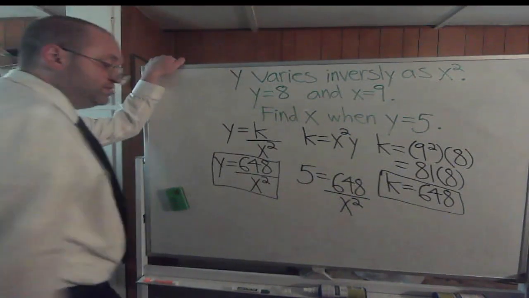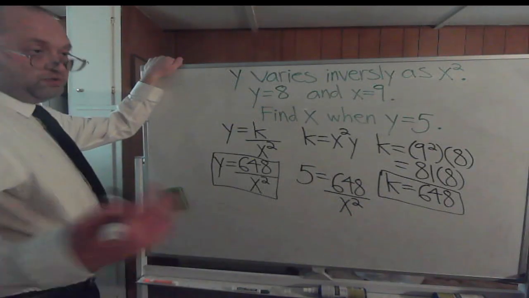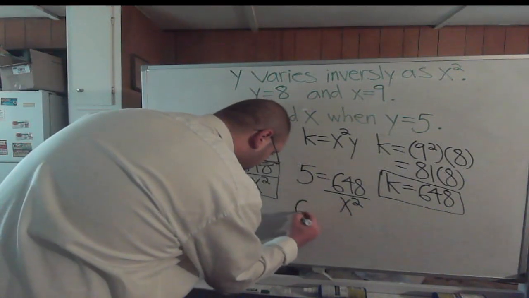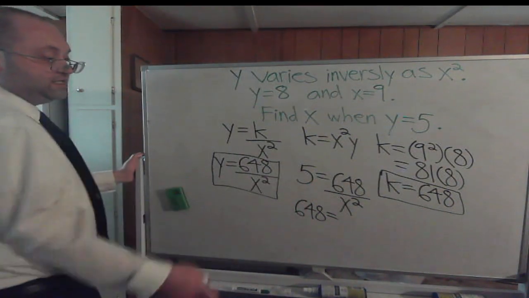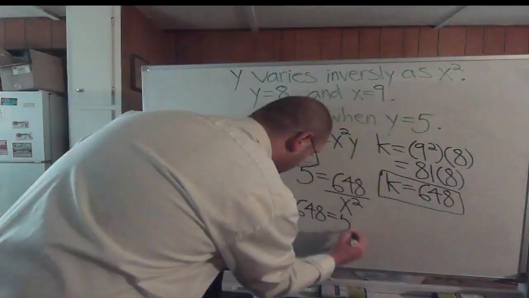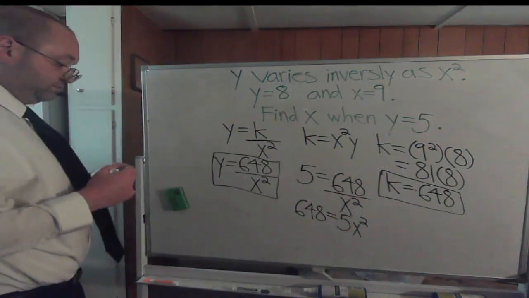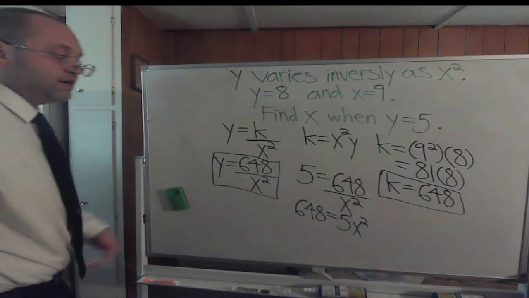First thing we have to do is get it out of the denominator and out of the right hand side. So you multiply the right side by x squared. If you do that, you get 648. That'll be equal to, you multiply the left side by x squared, you get 5x squared. So now you have 648 equals 5x squared.